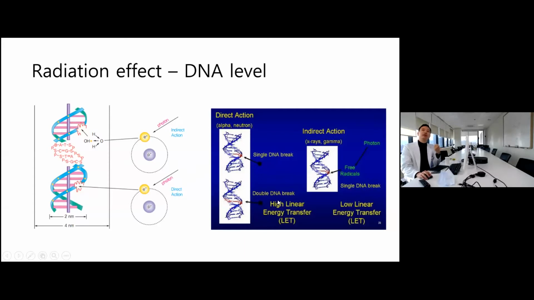And as you can presume, high linear energy transfer ionizing radiation such as alpha or neutrons will have more direct action. However, X-rays and gamma rays, which have low linear energy transfer, will have a greater proportion of indirect actions.